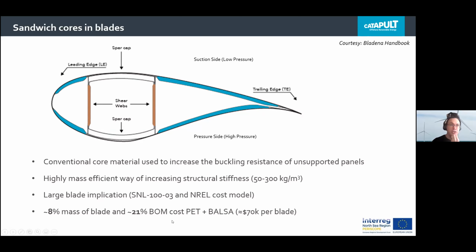So it's really disproportionate to the proportion of the blade that's taken up by the core. So for that 100-meter blade, that BOM cost of 21% basically translates to around 70K per blade. So that gives us an upper level of our thinking in terms of the cost to implement, or the budgeted cost of the solution against the current standard.